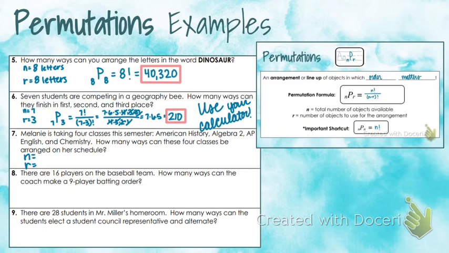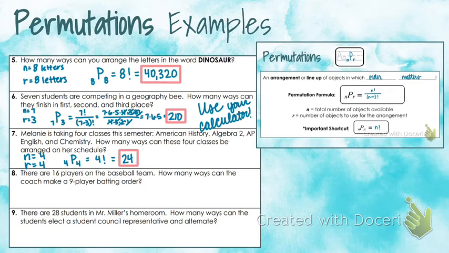Well, she's choosing from 4. r is how many we're going to pick. We're picking 4. So this is 4P4, which is just equal to 4 factorial, which we can type in our calculator and find to be 24. There are 24 different ways her schedule can be rearranged with these 4 classes.